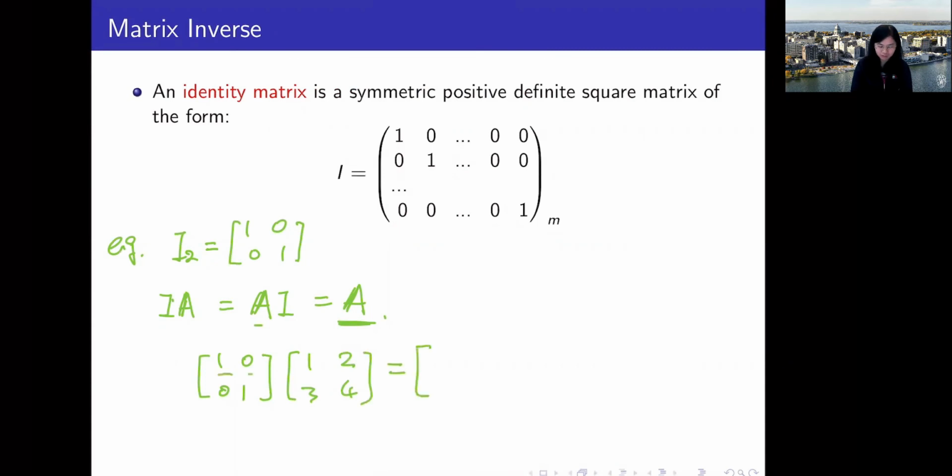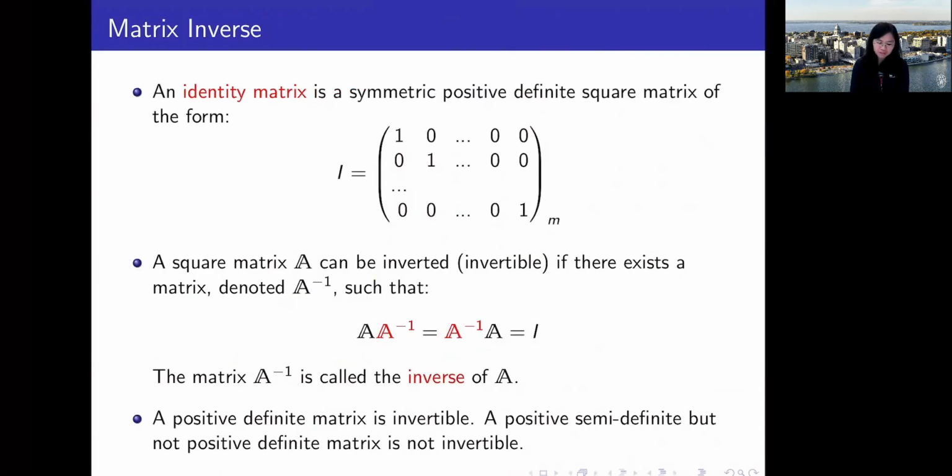So 1, 0 times 1, 3, that's 1. And 1, 0 times 2, 4, that's 2. And 0, 1 times 1, 3, you get 0 times 1, 1 times 3, that's 3. And 0, 1 times 2, 4 gives you 4. So you get the same matrix back.